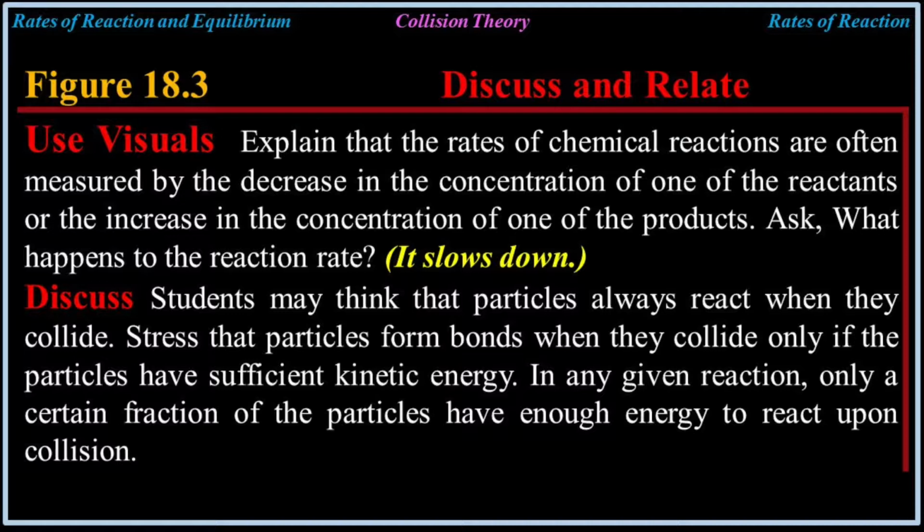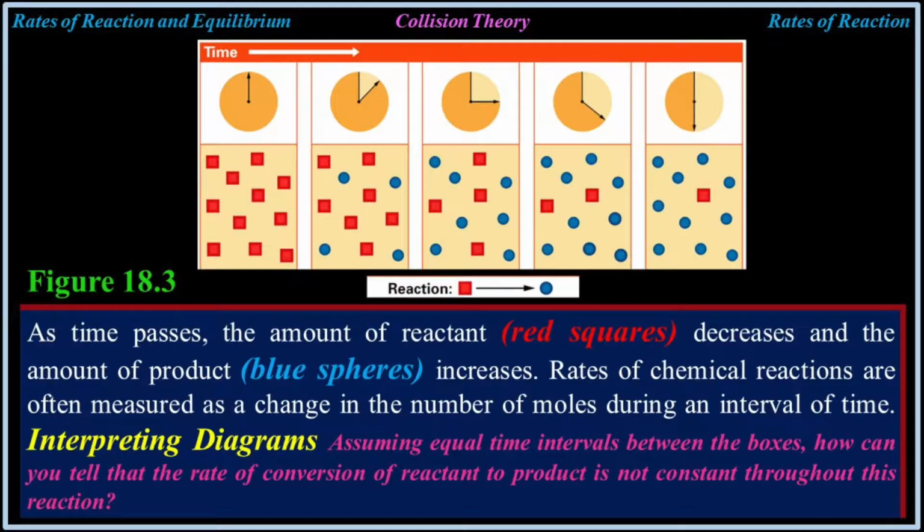Stress that particles form bonds when they collide only if the particles have sufficient kinetic energy. In any given reaction, only a certain fraction of the particles have enough energy to react upon collision.